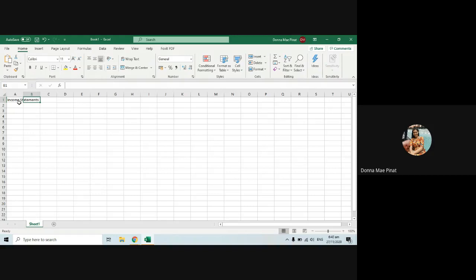Since we have purchases, we have to record those and separate those purchases that have a direct impact on our day-to-day operations, especially for the sale of merchandise. So we have net sales.